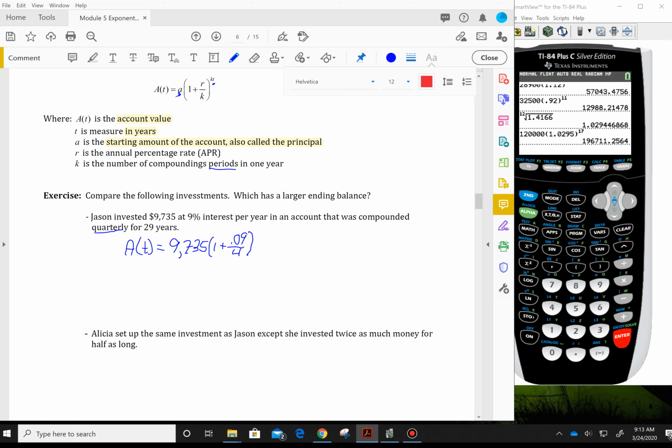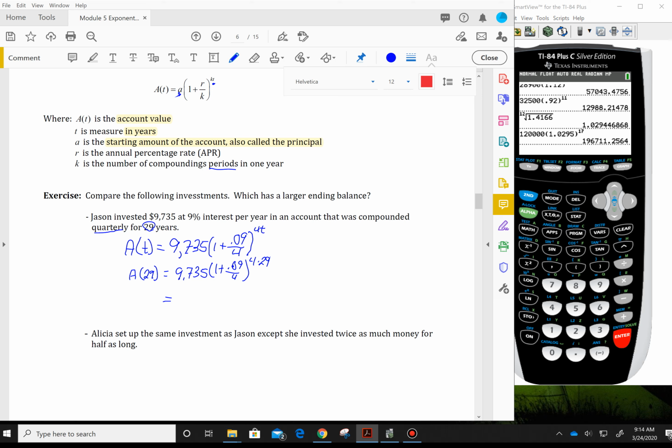Raised to the exponent of kt, so again, 4, because we're doing it quarterly, times t. And we're asked for the value of Jason's investment after 29 years. We're looking for A of 29. So raised to the 4 times 29.